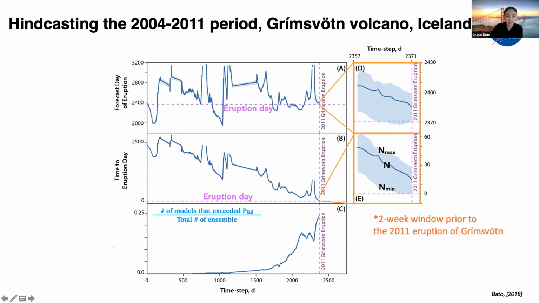And again, this plot here is the number of models that exceeded their initially assigned failure criterion over the total number of the ensemble. And as you can see, because this is hindcasting, it really worked well in our case for the 2004 to 2011 interaruptive period of Grímsvötn.